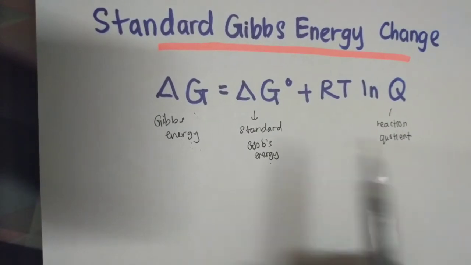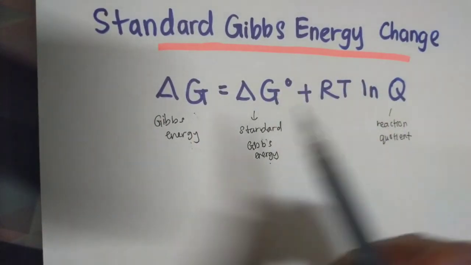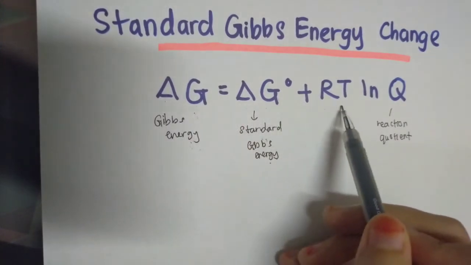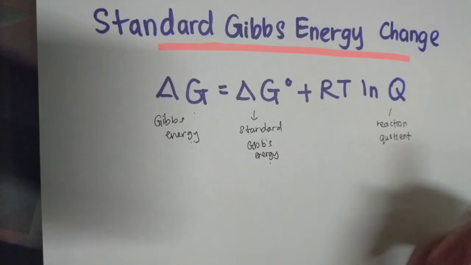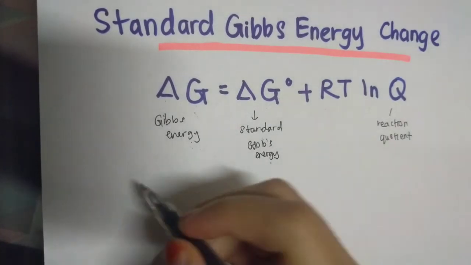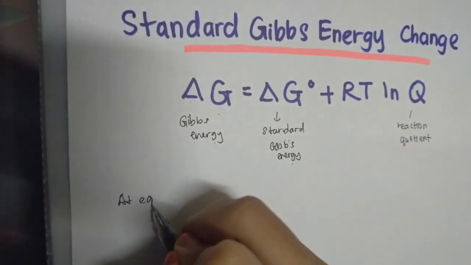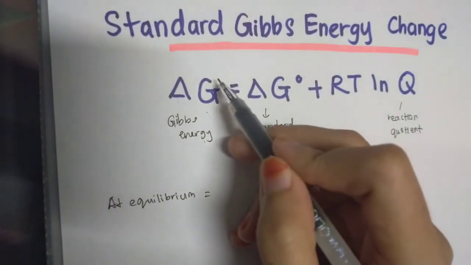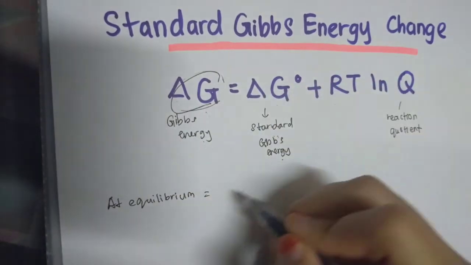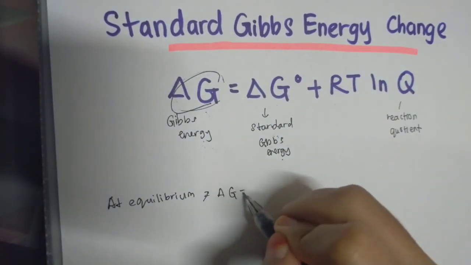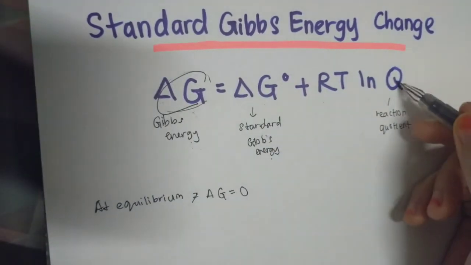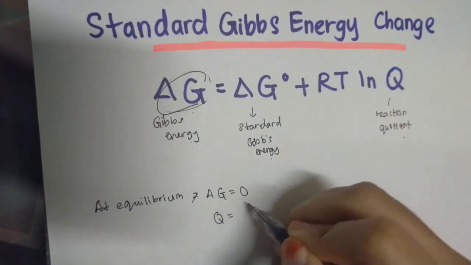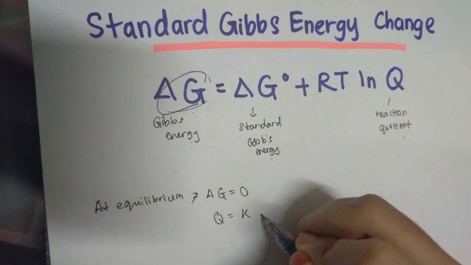So, the standard Gibbs energy change. Basically, the equation is delta G equals delta G naught plus RT ln Q. So, at equilibrium, this delta G will equal 0 and this Q, which is the reaction quotient, will equal K, the equilibrium constant.